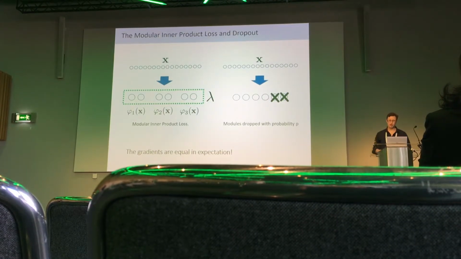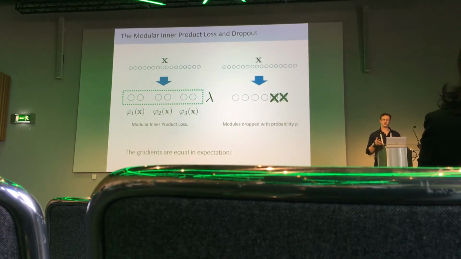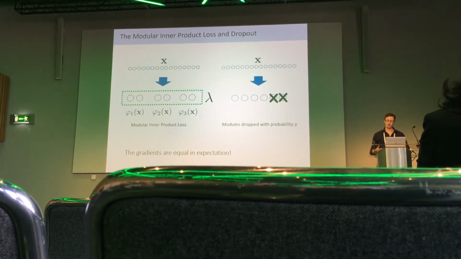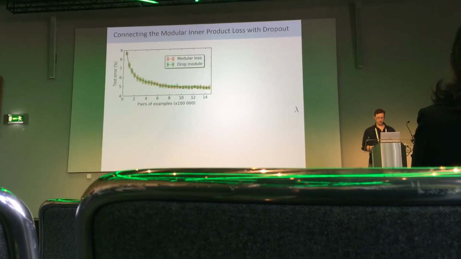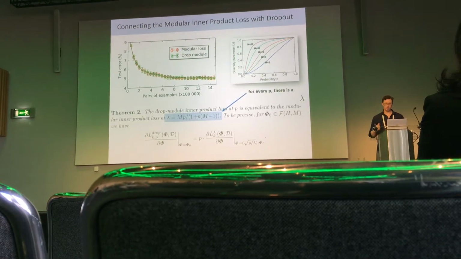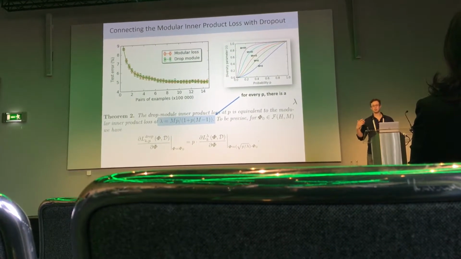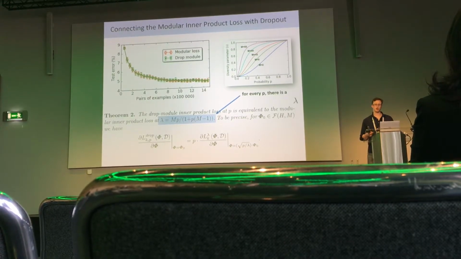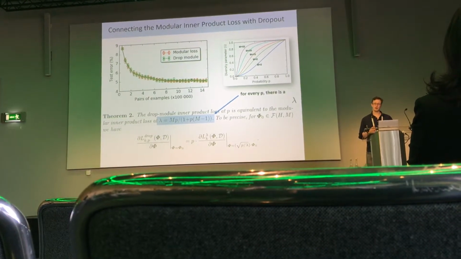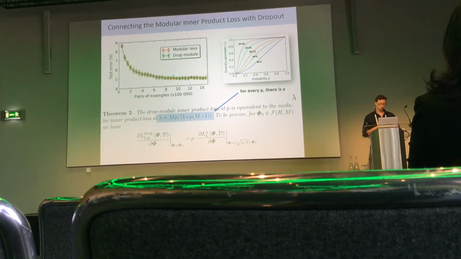It turns out that this has a strong equivalence with our modular inner product loss approach. That equivalence is that for any given choice of probability P of keeping a module, this translates into a particular value of the diversity parameter, the amount of emphasis placed on diversity.